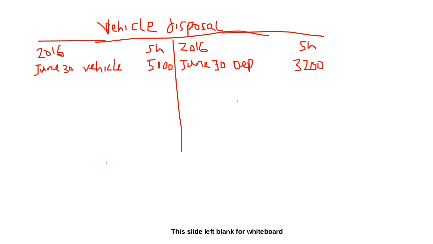Remember that if you look at the problem there, we have been told that the car was involved in an accident in May, resulting in a total write-off. And the sum of 1,000 was received from the insurance company.